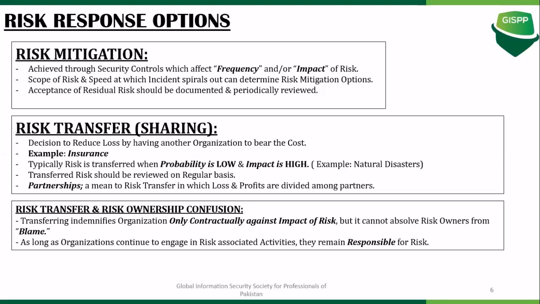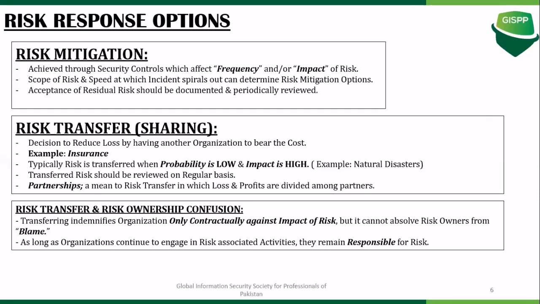The third option that we have here is risk transfer, or risk sharing. Risk transfer is a decision where you reduce loss by having another organization pay the cost. The most common example of risk transfer is the purchasing of insurance itself.